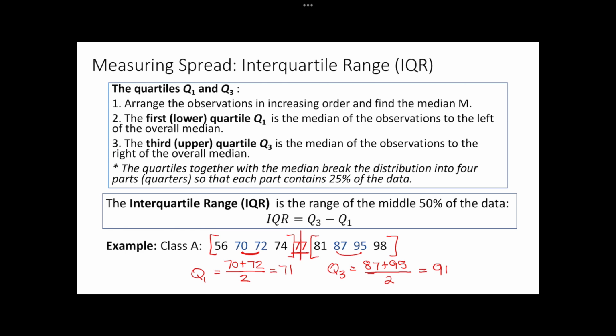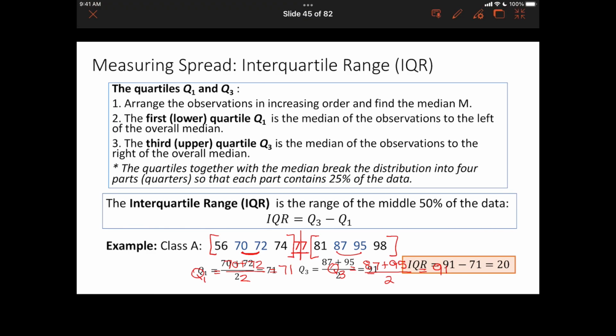And that's 91. Now I just wrote over my screen. The interquartile range, let me erase so you can see. The interquartile range is the difference Q3 minus Q1. In this case, that's 91 minus 71, which gives us 20.